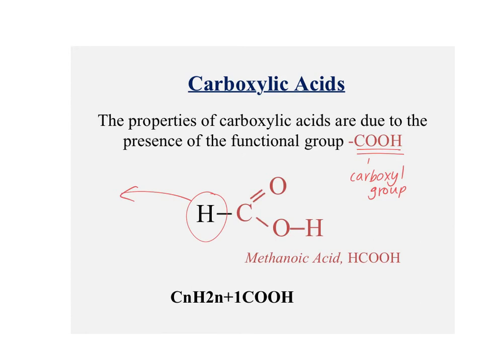The general formula for these carboxylic acids is CnH2n+1COOH. And you can see here we've got a very interesting functional group. So this bit over here, we've got a carbon-oxygen double bond, and we've also got a carbon-oxygen bond, and then we've got our hydroxyl group from the alcohols.